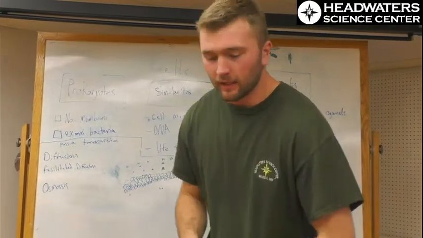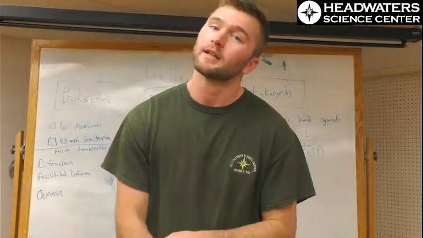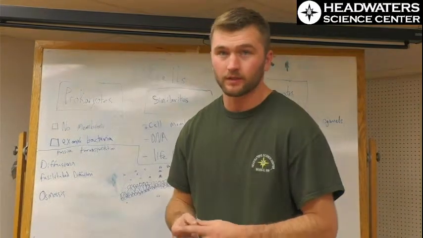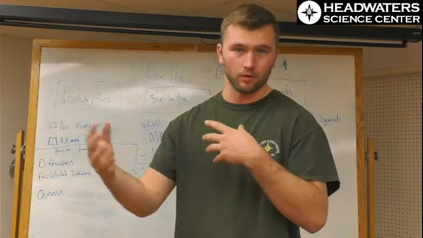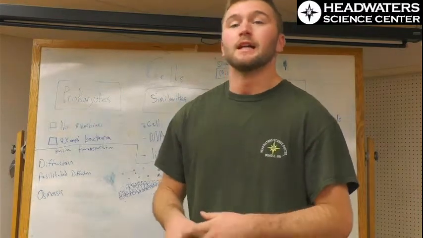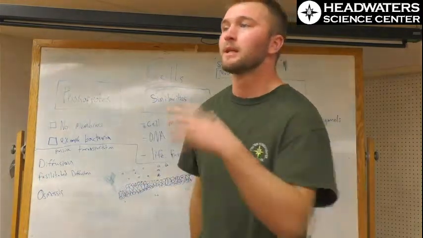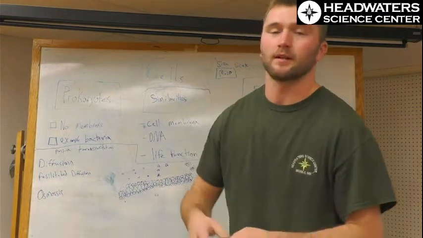Like in our cell, we need a certain amount of salinity or salt. So our cells work to either bring in more nutrients or salt, or if we have too much salt, it'll work to expel it into the outside environment. So it's all about balance. Homeostasis is all about balance.